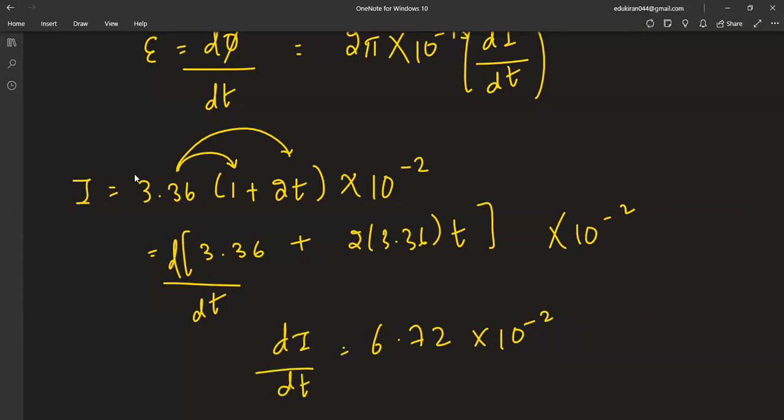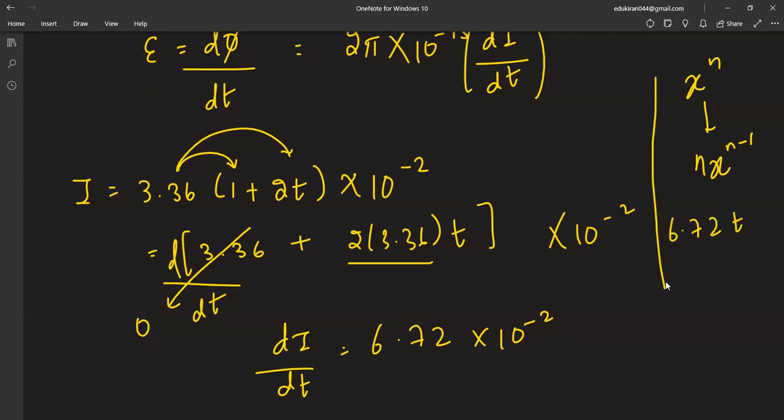Understood this point? See, 3.36, when you are differentiating, it's a constant, so this will be 0. This is left. X to the power n becomes nx to the power n minus 1. So 2 into 3.36 is 6.72t.